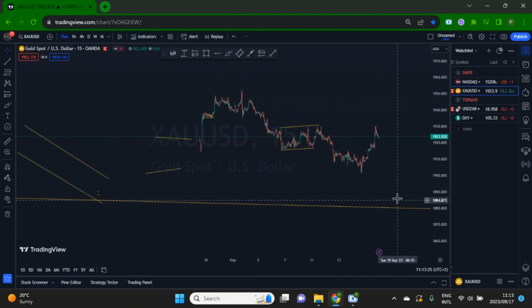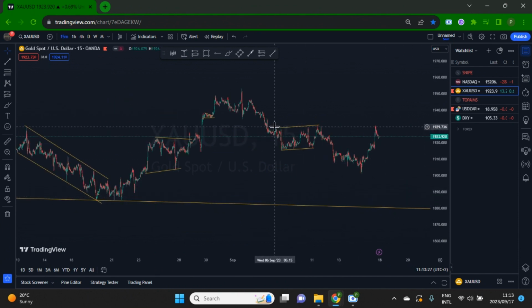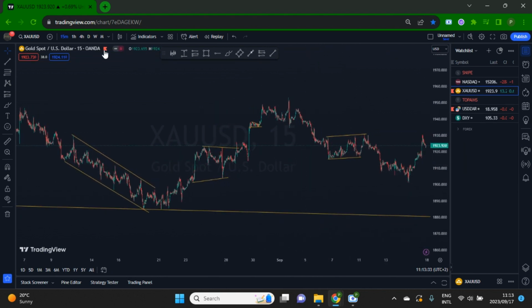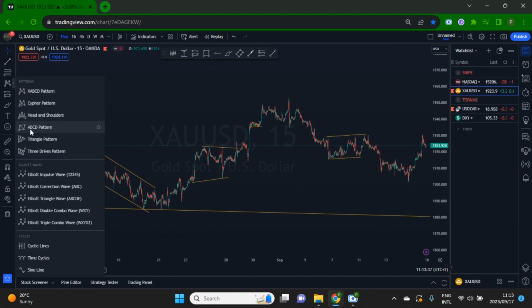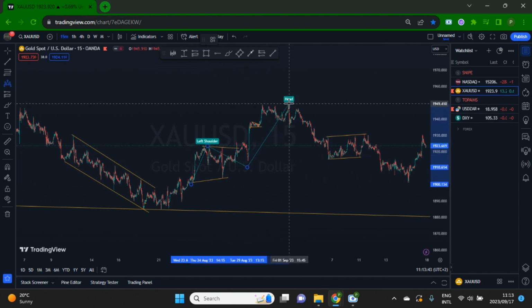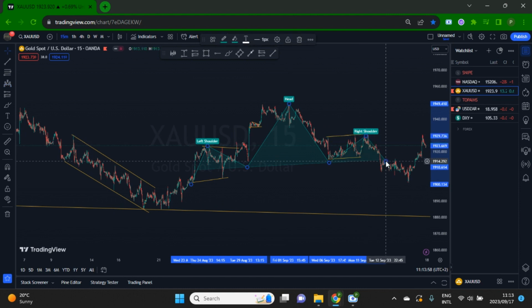All right, gold. Here I was anticipating a sell, right? Because okay, fine, I'm seeing now that it could be a head and shoulders. This is my first shoulder, my head, my second shoulder. So this is my head and shoulders.